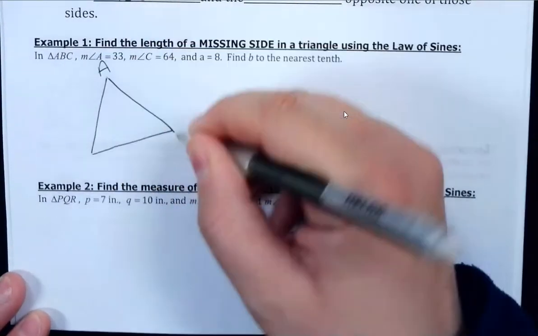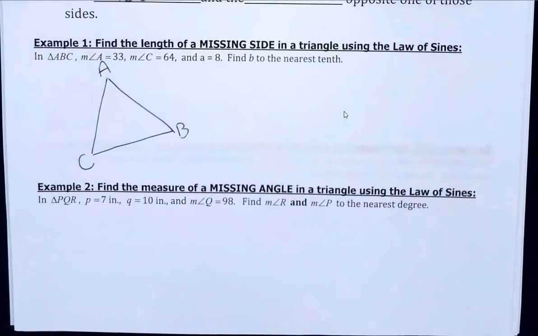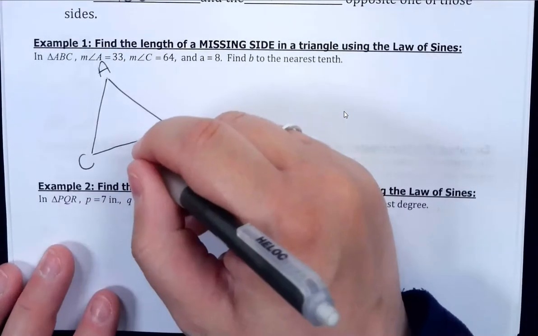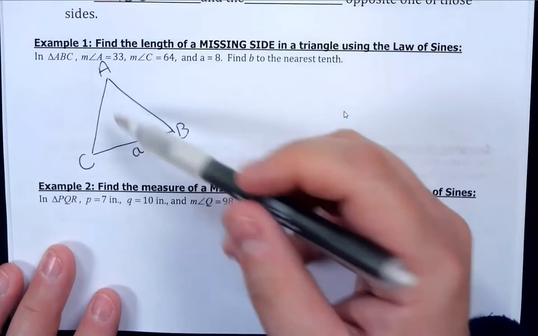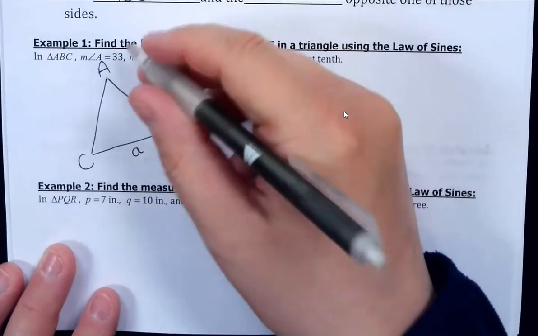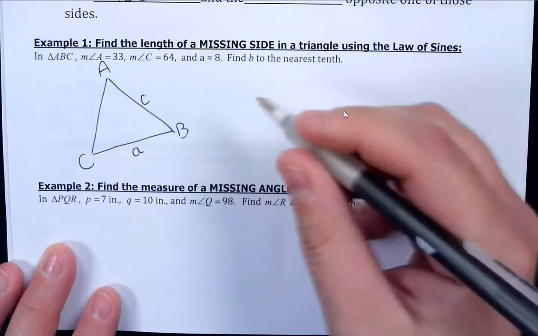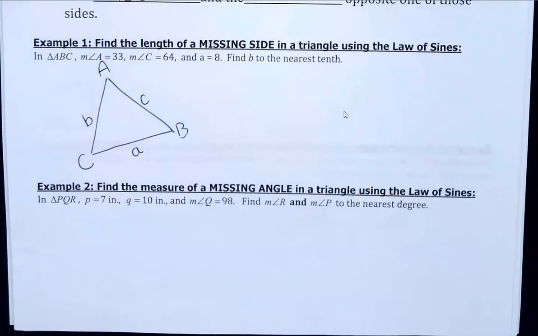So in any order, I'm going to label the angles with capital letters ABC. And if you guys remember, the sides, I'm just going to go ahead and label in this triangle, are across from the angle of the same name. So angle A, side A would be here. Angle C, side C would be here. And angle B, side B would be over here.